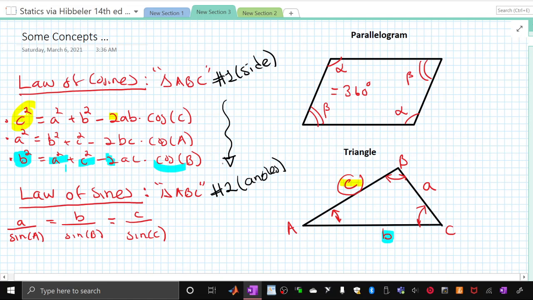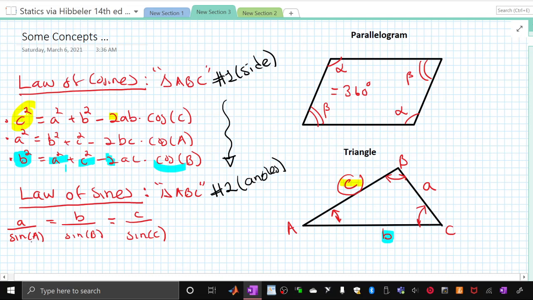And then we use the law of sines to find angles, because it provides a very fast, quick means of obtaining them. I mean, just look at this. It's just a quotient. There are no squares, no cosines, or minus 2 times anything. Everything is straightforward.